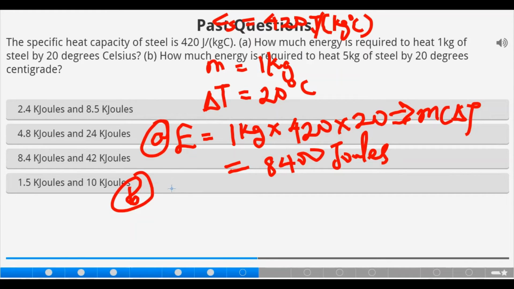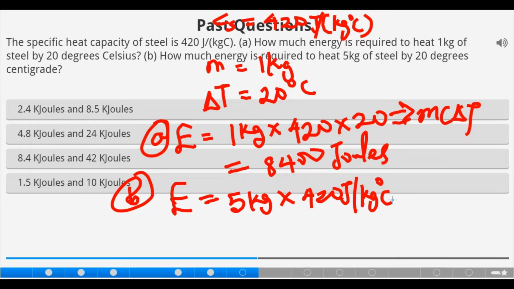Now, this is the A part. For the B part, how much energy is required to heat 5 kilograms? So the mass changes from 1 kilogram to 5 kilograms. So we still have energy equals 5 kilograms times 420 joule per kilogram per degree centigrade times the same temperature of 20 degrees.